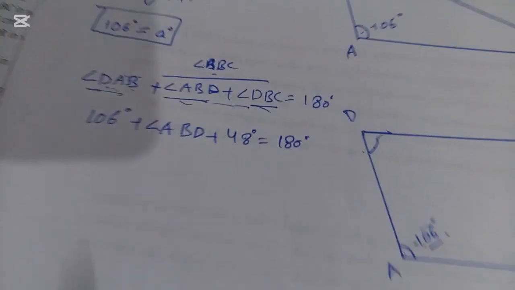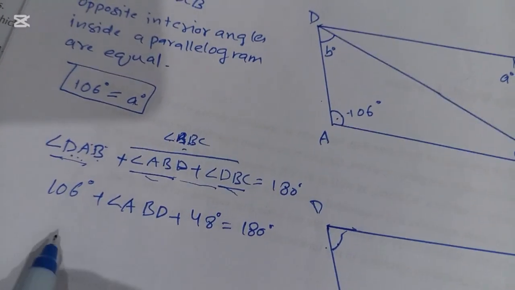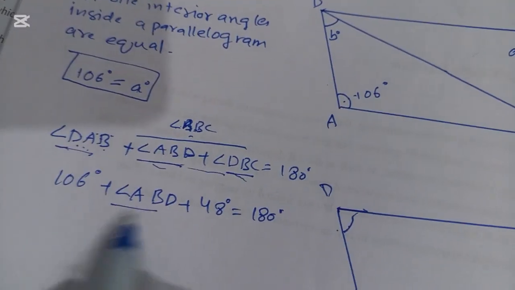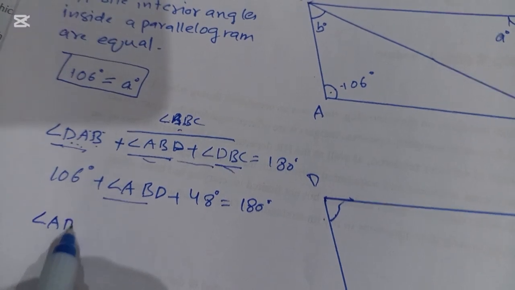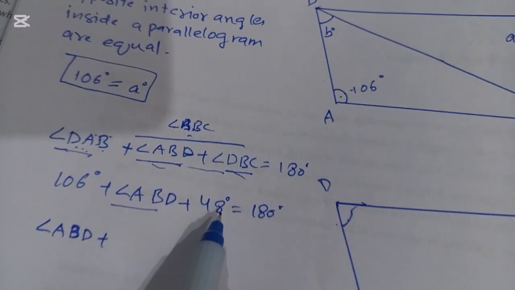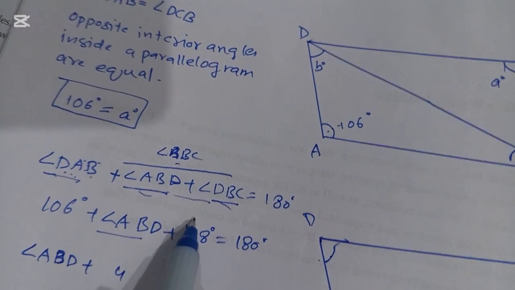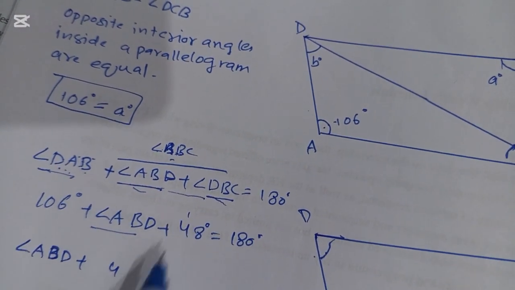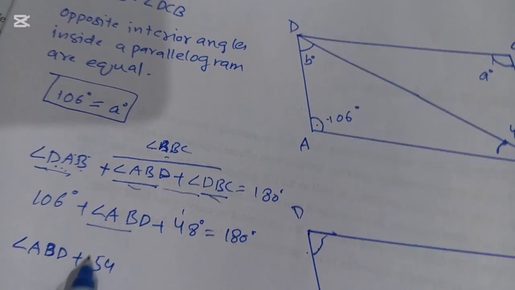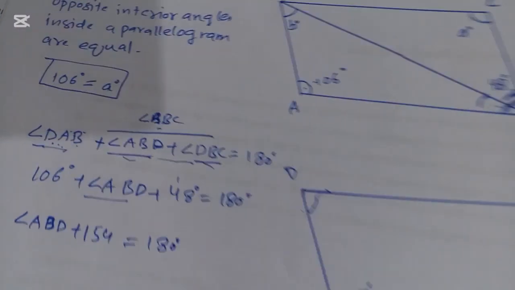Now adding these both up, 106 plus 48 degree, first let me write this one unknown angle, angle ABD, plus, now 48, right? We have to add these both up. 6 and 8 equals 14, so 1 goes up. 4 and 1 is 5, and this one remains here. So this is 154 equals 180 degree, right?